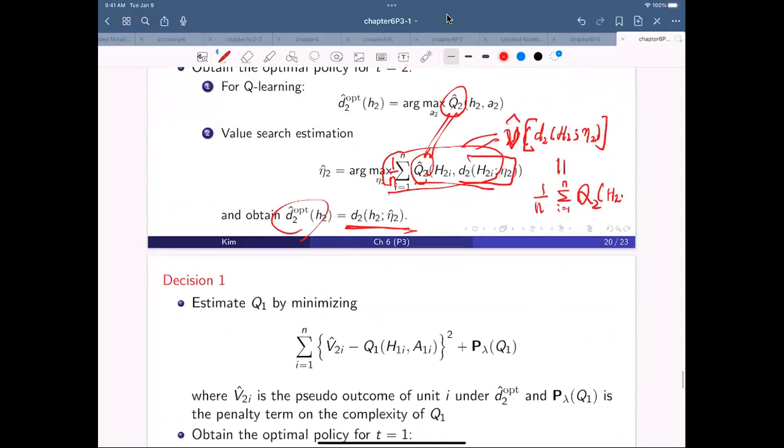That is very important. You are not really interested in the observed Y. What you're interested in is your Y star as a function of A1, and you care about this one. This one is already determined from decision 2, right?